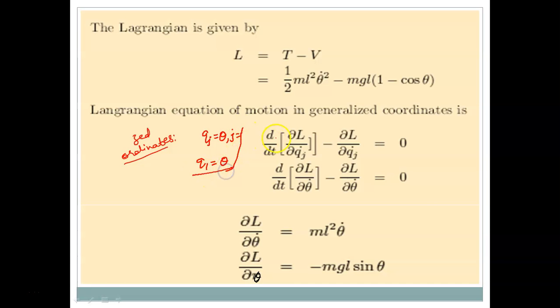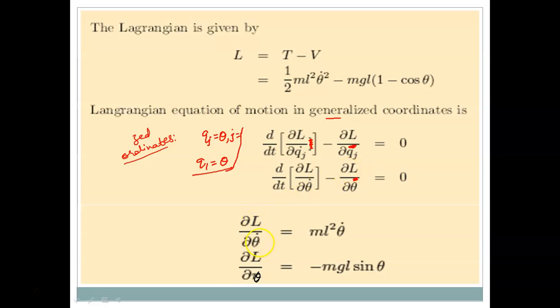That means q_j equal to theta and j equal to 1, so we have only one generalized coordinate, that is theta. This is Lagrange's equation of motion in the generalized coordinate, and in place of q_j we have only one generalized coordinate, theta. So this equation reduces to this form: d by dt of del L by del theta dot minus del L by del theta equal to 0.